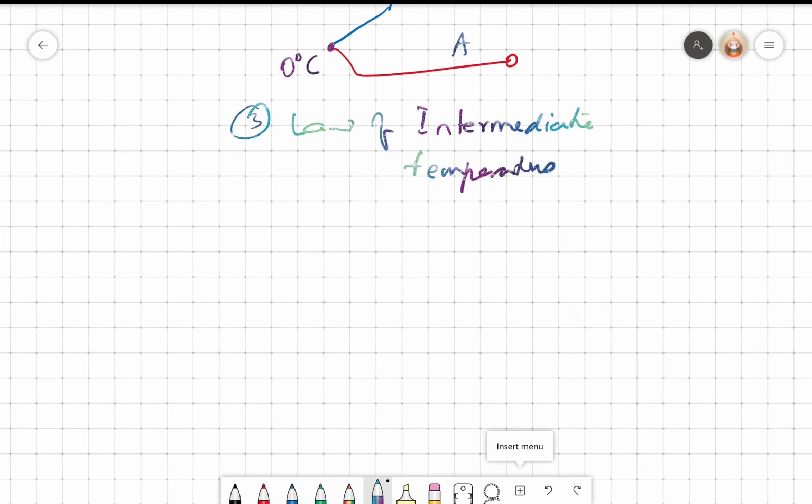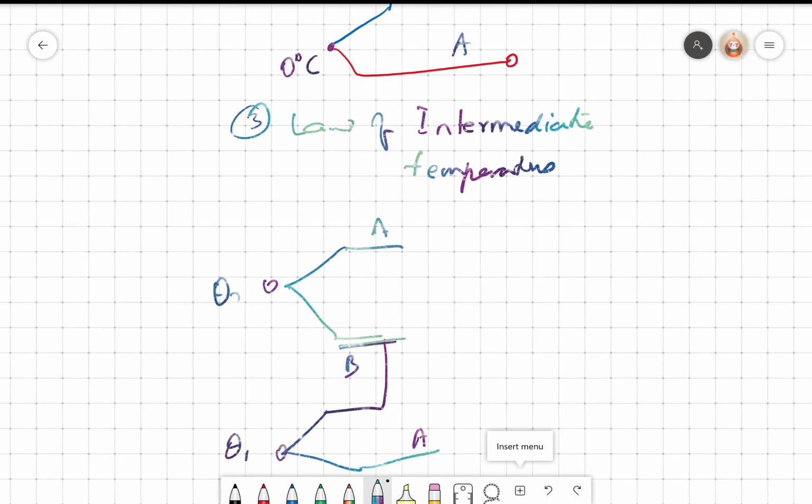The law of intermediate temperature says that if I have a thermocouple voltage, again this is A, this is B, this is A. Let's say I get theta 1 and theta 2.